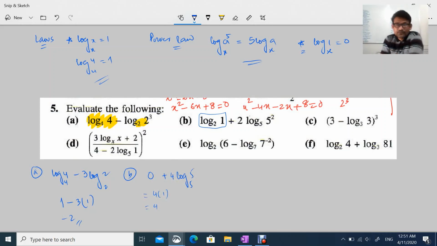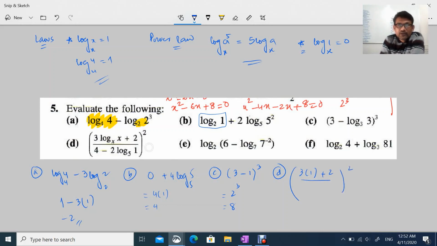Now moving to part C. This 3 minus log 3 base 3, what we can do, log 3 base 3 is equal to 1, whole power is cube. 3 minus 1 is 2, and 2 cube is 8. We have done it. Moving to part D. 3 log x base x, this log x base x is equal to 1, so we can write 3 times 1 plus 2, whole bracket whole square, over 4.